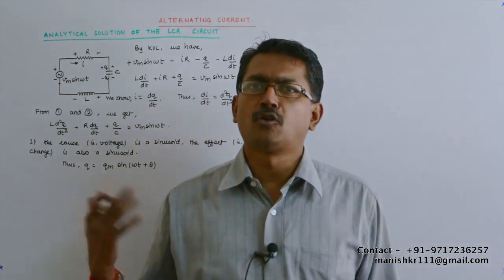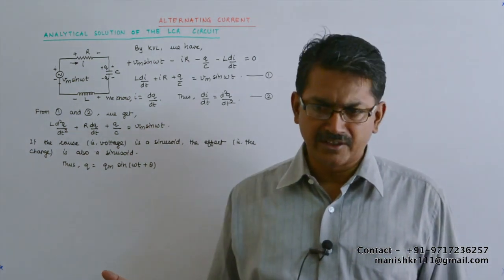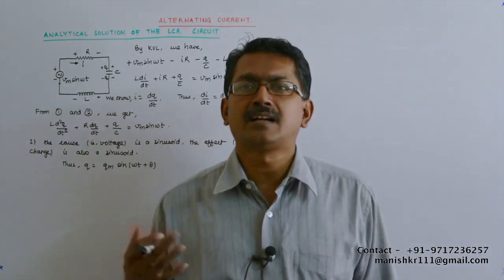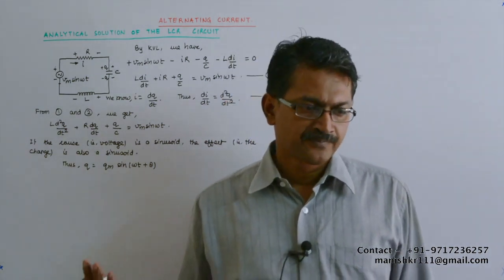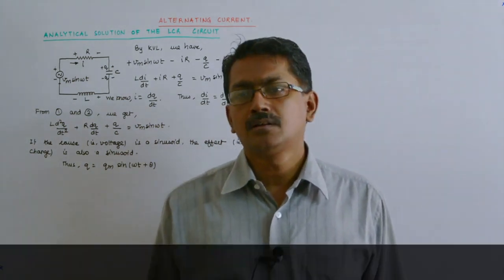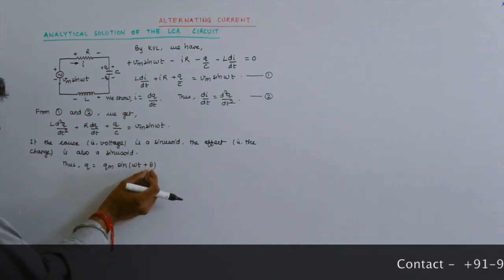We have seen that current was, in case of pure inductor, lagging by 90 degree, in case of pure capacitor, leading by 90 degree, in case of LCR, depending on the capacitive or inductive reactance, it was either leading or lagging. Fine. So that's why this is that phase. Fine. We understand that.